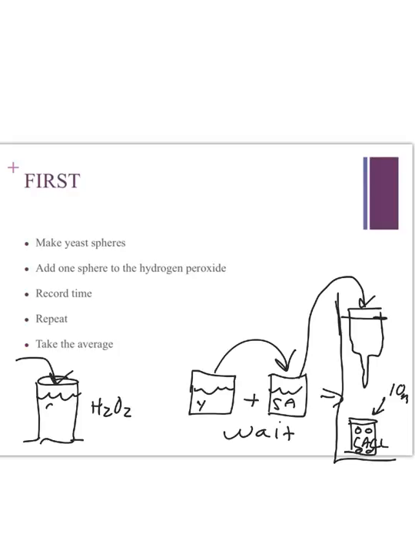You're going to drop your yeast sphere into the graduated cylinder, and then you're going to time. So record the time that it takes for it to either go down and then back up, or once it hits the bottom to go back up. It's completely up to you, but however you want to time it, it has to be consistent throughout all of your runs. You're going to do this 5 times and then find the average.